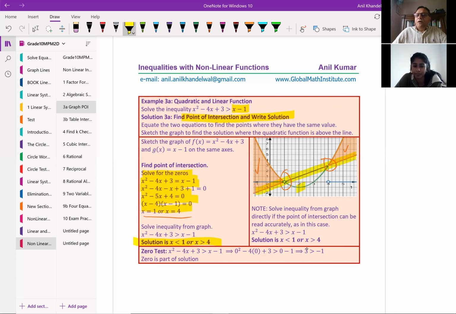Now, the important thing here is that when you are graphing, sometimes you may not get accurate values. But in an example like the one I'm showing you here, where we have integer values as your points of intersection, they're accurate enough, correct?